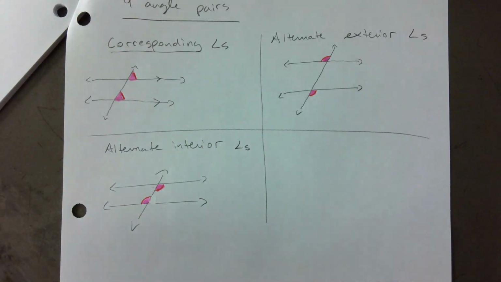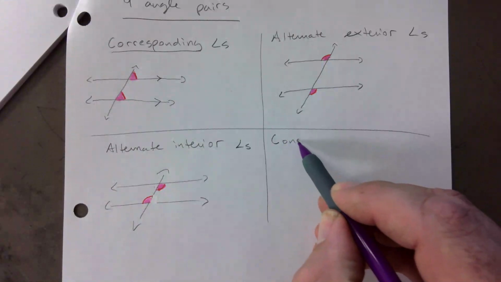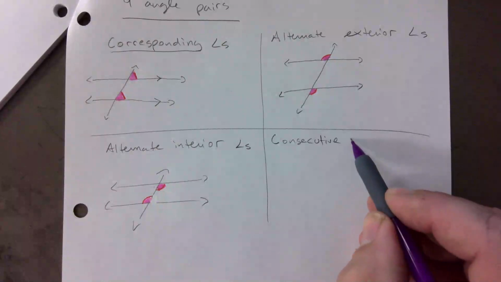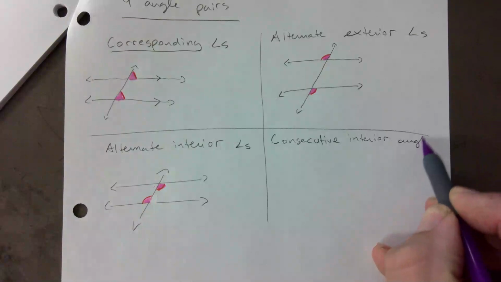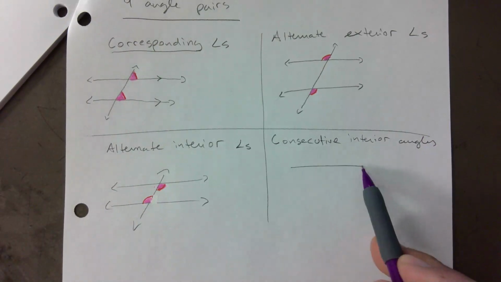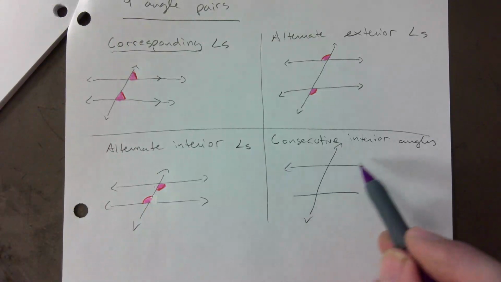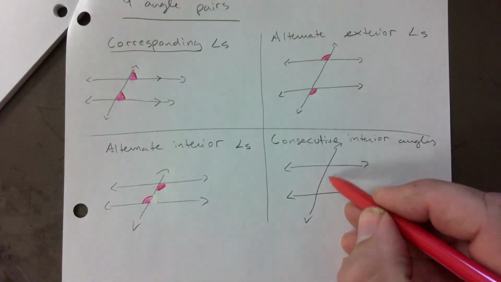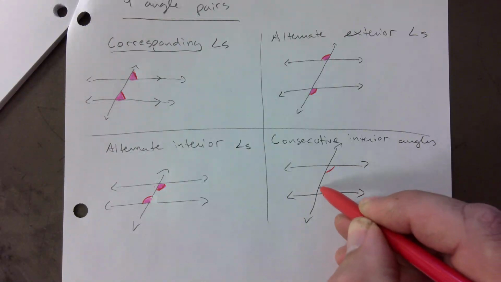And last but not least is the CIAs. I don't know if you called it that way on the video, but consecutive interior angles. And they would be on the same side of the transversal.